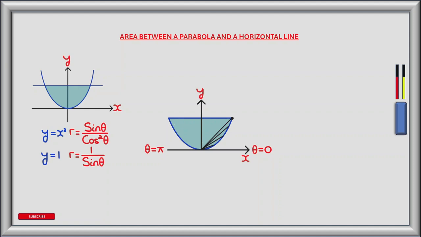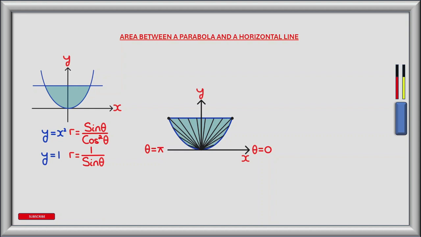When the parabola intersects with the horizontal line for the first time, the radial distance from the origin is then determined by the horizontal line until it once again intersects with the parabola for the second time. After the second intersection between the parabola and the horizontal line, the parabola once again determines the radial distance from the origin until the area is complete at theta equals pi.